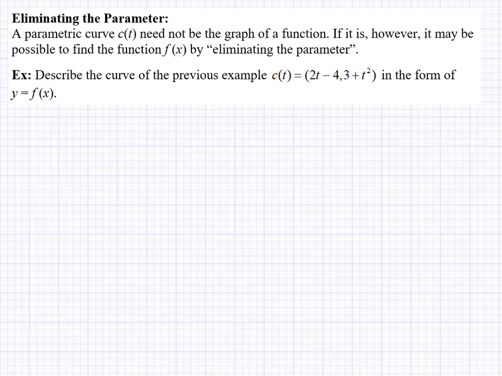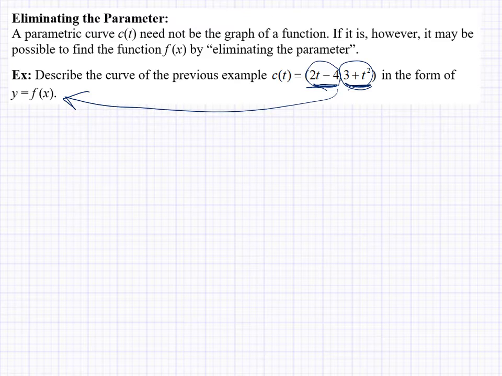And so we'll do that with this exact same equation. Remember, x was defined as 2t minus 4, y was defined as 3 plus t squared. What we want to do is combine those two separate functions of t that describe x and y into a single x and y equation, so that we could look at possibly graphing it or describe what curve would represent that set of parametric equations in the xy plane.